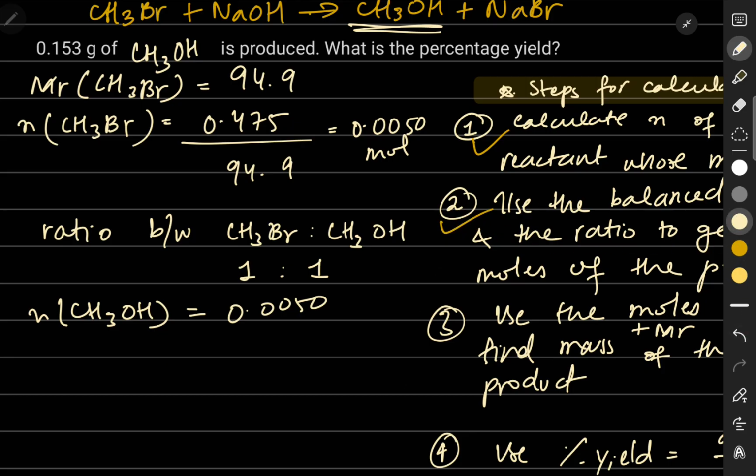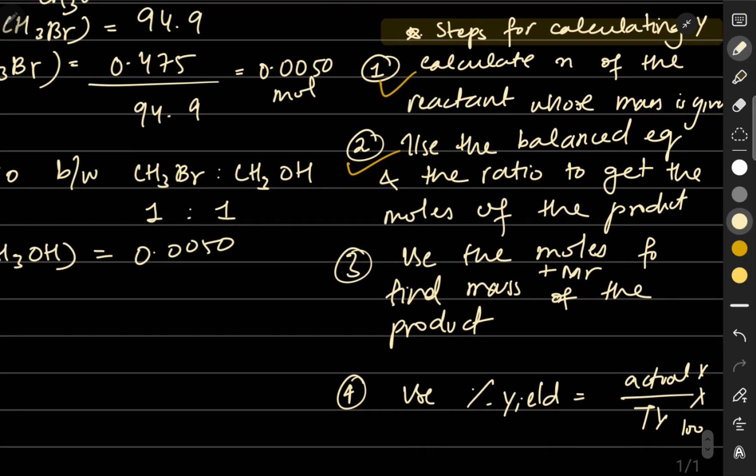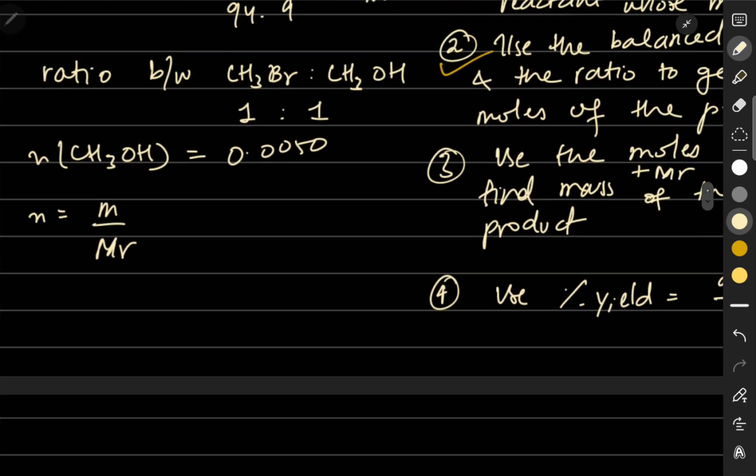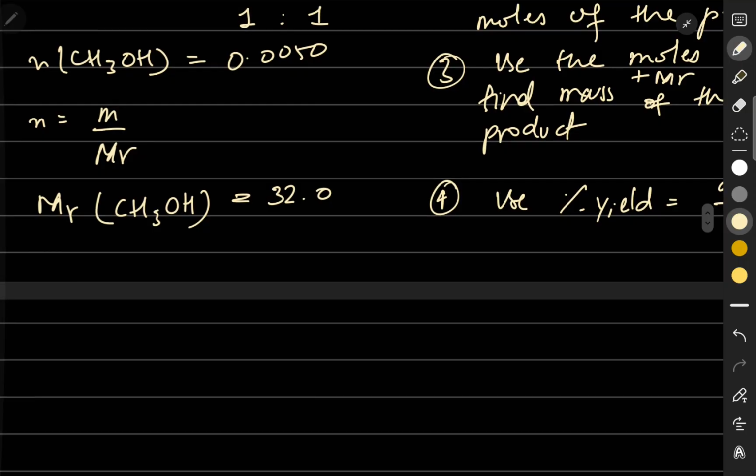Then we move on to the third step, which says use the moles and the MR of the product to find the mass of the product. Okay, so I do have the moles. I can use this formula. The MR, I already have it calculated here. So the MR of CH3OH is 32.0 grams per mole. So now I can use the formula.